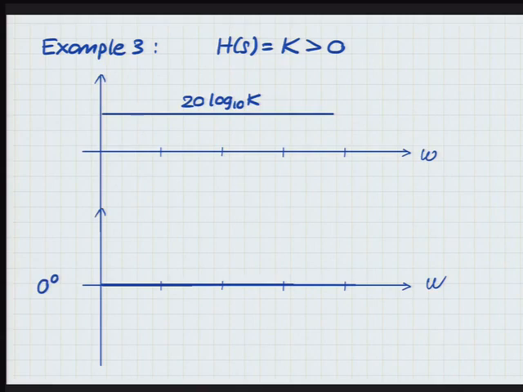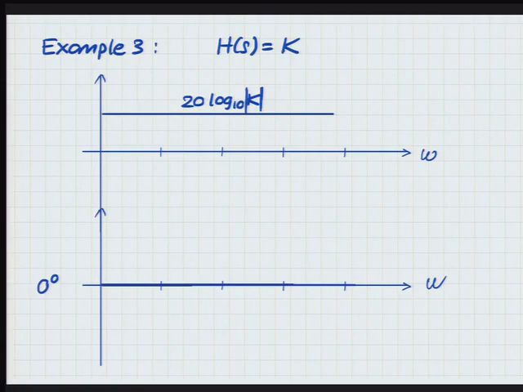So I'm going to remove this assumption. If k was negative, all you'd have to do here is put an absolute value, right? Because then the magnitude of H is the absolute value of k. But what happens to the phase? If k is a negative number, the phase is negative 180, negative pi, right?